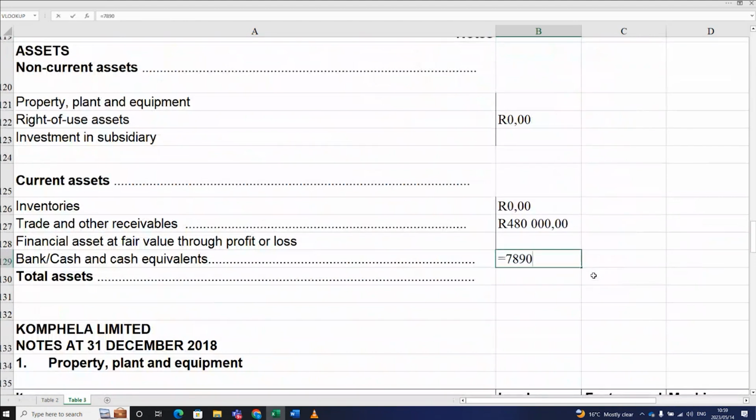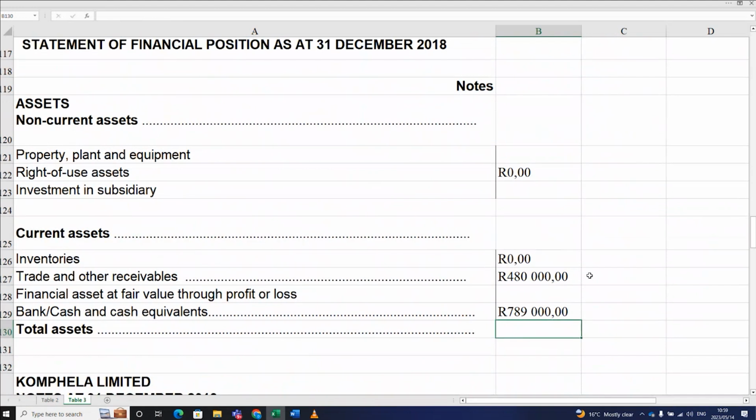I don't know about you, but for me, when I start putting in these figures, it's like I'm getting points on the board. It's like I'm scoring. It's like I'm a striker for Pirates, and I'm already scoring the goals. So I'm gonna beat Kaizer Chiefs.